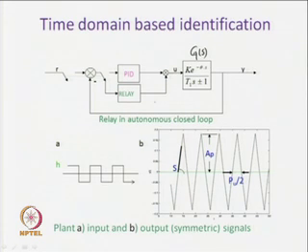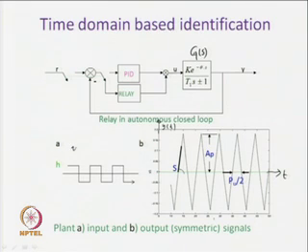Then a relay is connected in this fashion, disconnecting the PID controller, to induce a limit cycle output. Then the limit cycle output, or the sustained oscillatory output, assumes this form, where this is y(t) versus t, the output we get from the system corresponding to the input to the system, which is generated by the relay.